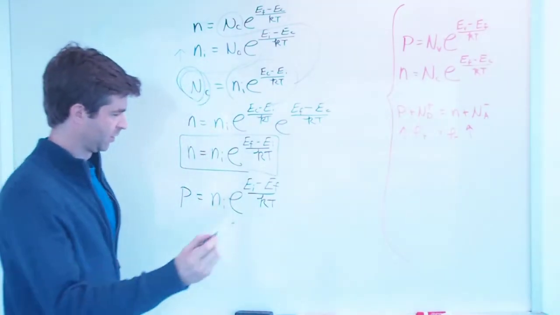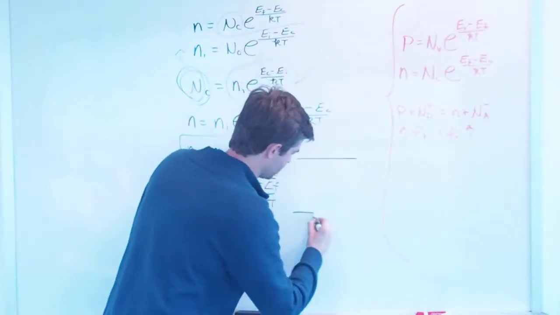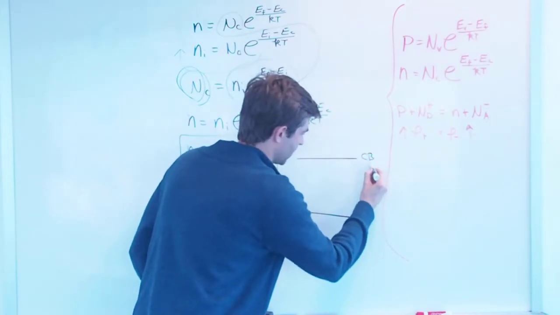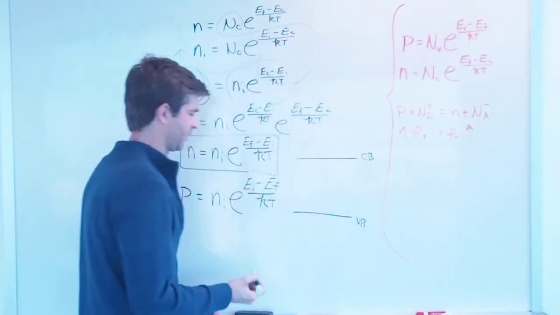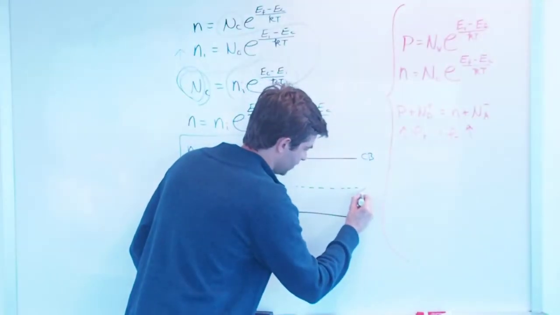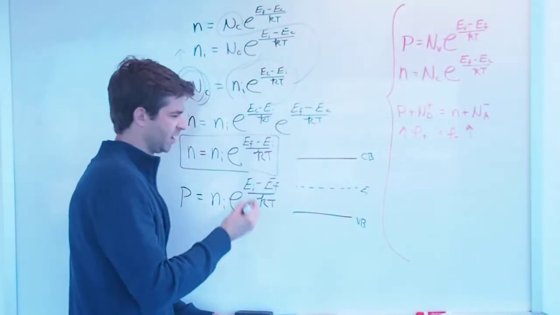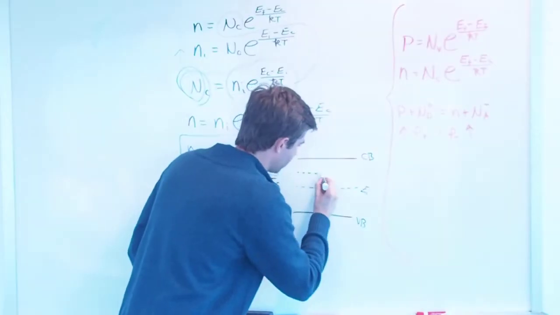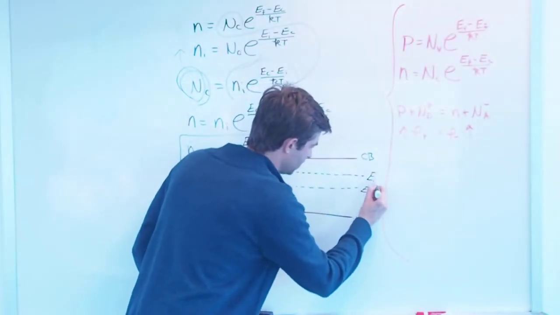If you look at that in terms of your energy bands, we've got the conduction band and the valence band. This is E_i, the intrinsic Fermi level. If it's n-type, your Fermi level is somewhere above E_i.